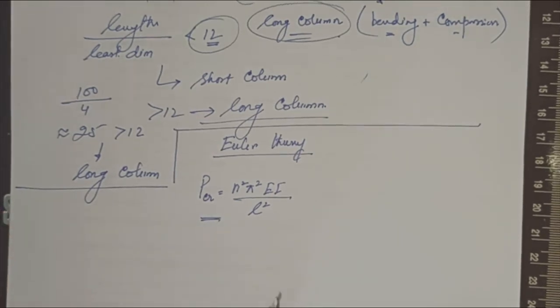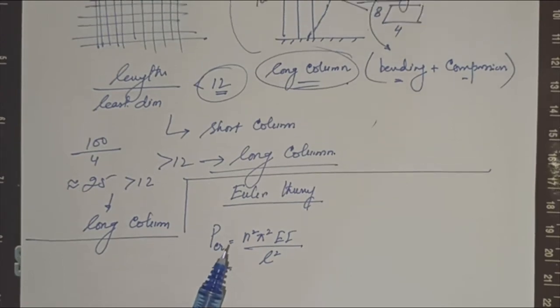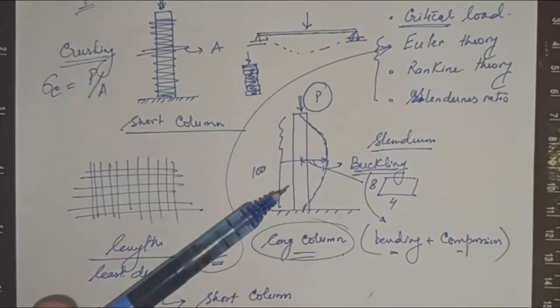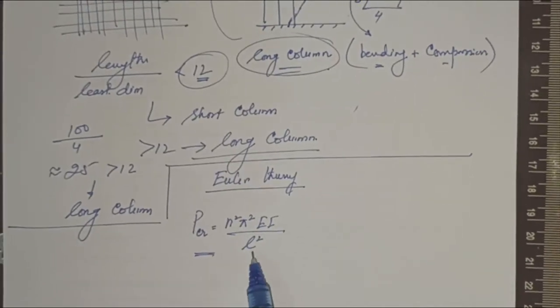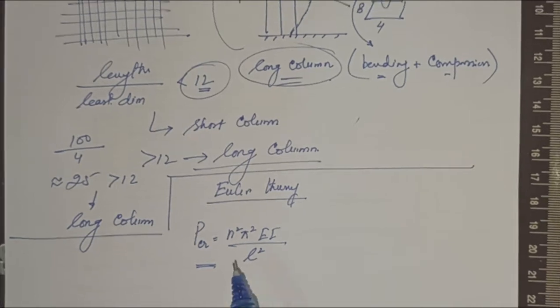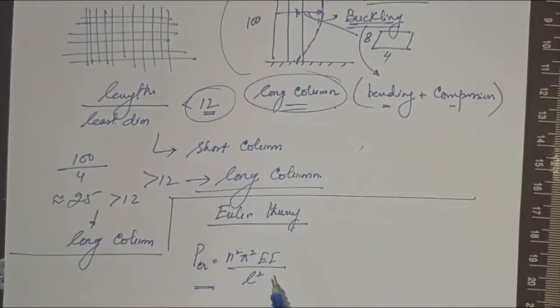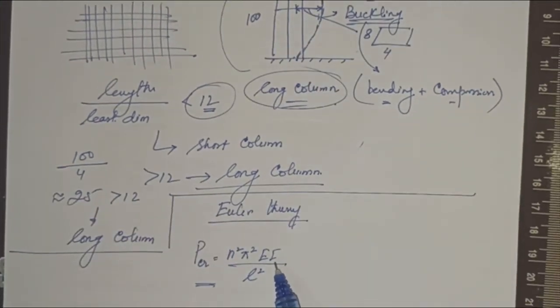This will be the critical load required for a certain type of column, and as you can see in this expression, it includes the length of the column. That means the length should come into consideration. Further, the moment of inertia is also coming into consideration.